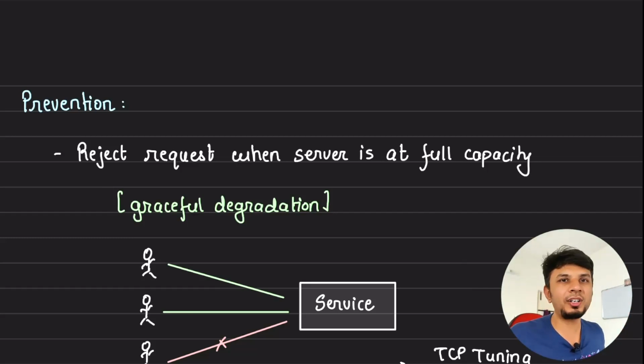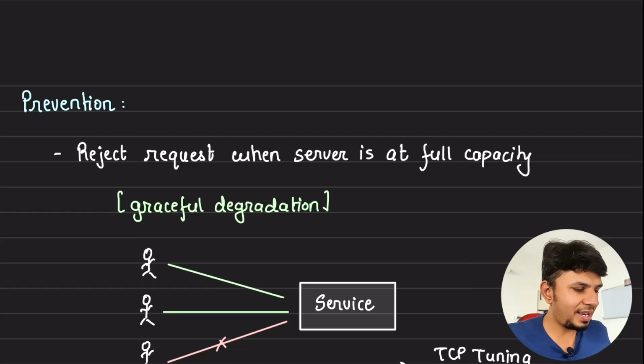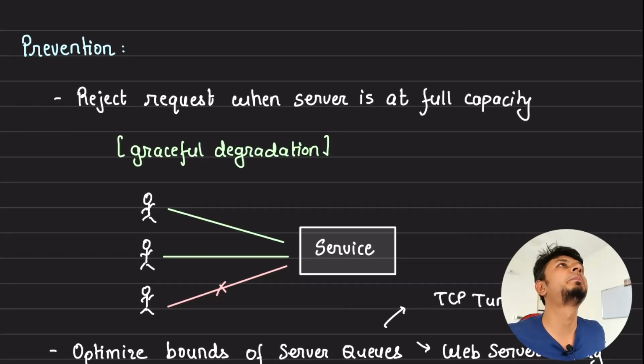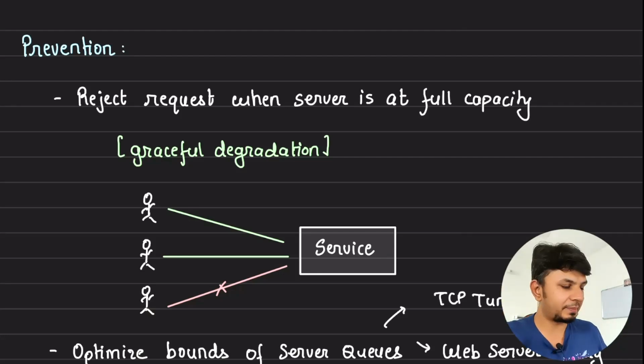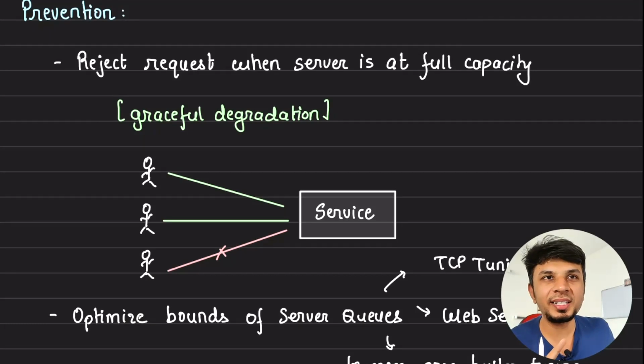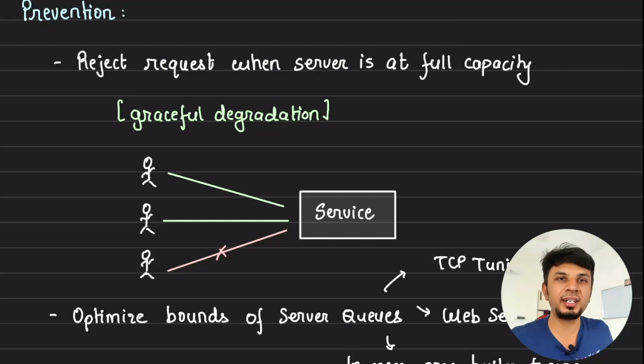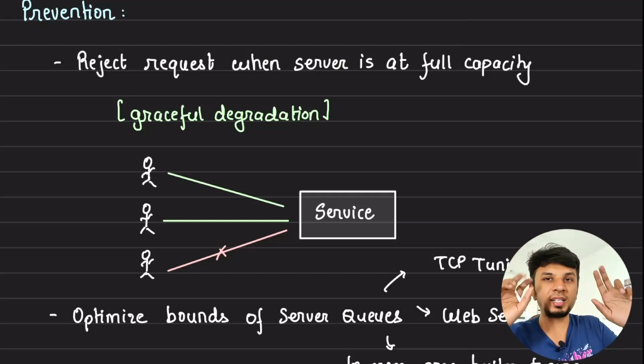Then, as part of prevention, this is where I loved this particular outage, on how Google is planning to prevent outages happening because of the same reason. The first prevention technique they mention in the outage document is to reject the request when the server is at full capacity, which means graceful degradation.